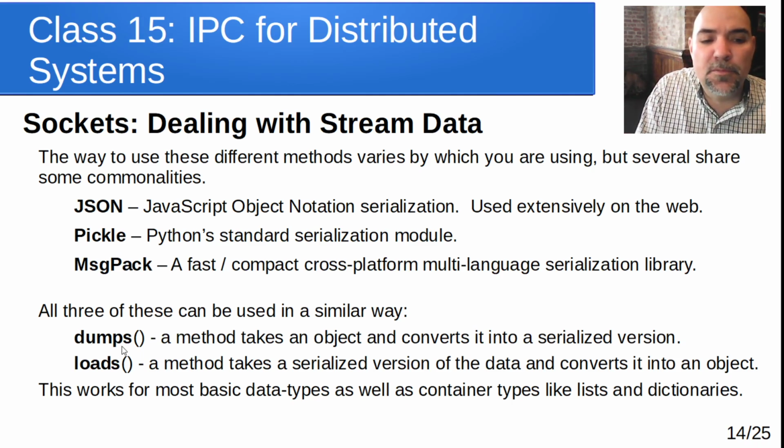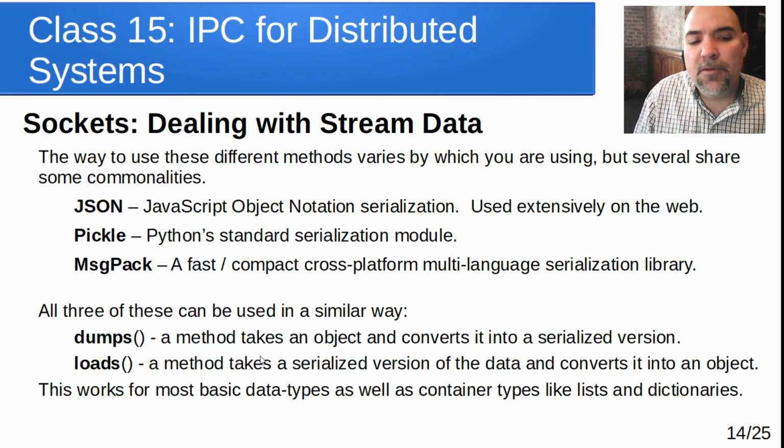So they use dumps, which stands for dump string, which is a method that takes an object in the parentheses and converts it into a serialized byte string version of that. And then loads does the opposite of that. It takes that serialized version and turns it back into that object. And that works with all three of those for most basic data types, as well as containers like lists and dictionaries.